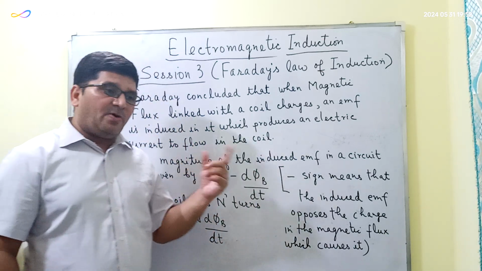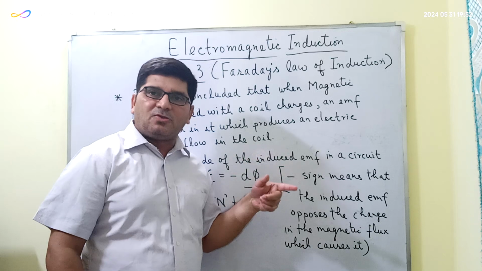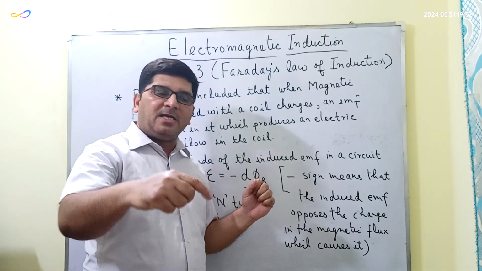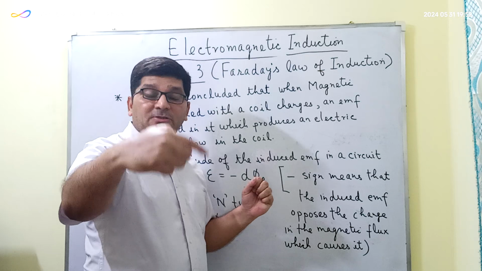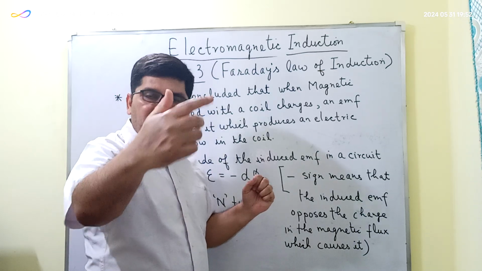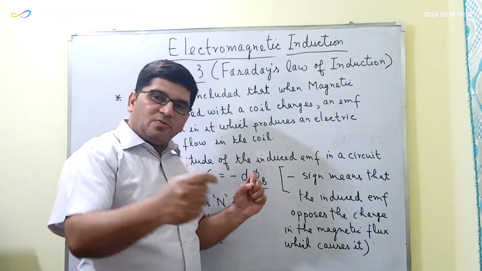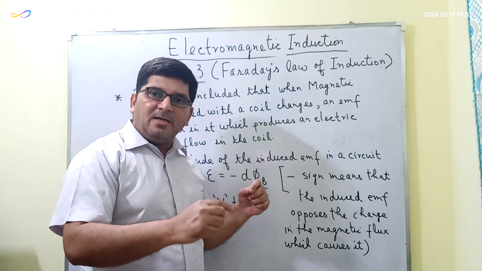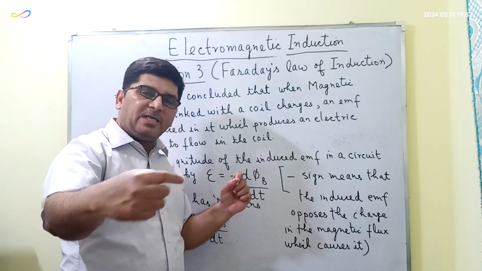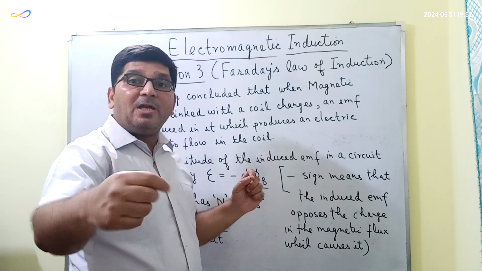Similarly, he also found that the flux linked with this coil was changing with time when he brought a current carrying coil, that is, another coil in which a current is flowing, towards this coil, and also when he moved that current carrying coil away from it.